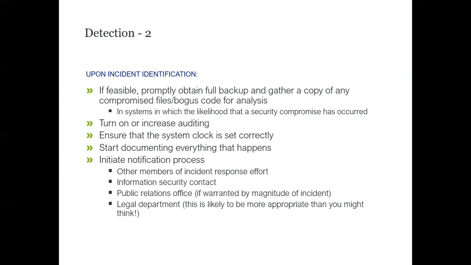And we need to initiate the notification process. In the notification process, we need to inform the concerned persons who are dealing with the incident, information security related contacts, and your public relations office. Sometimes an incident related to fire would be there within the organization. You need to connect with public relations, your legal department, and all.